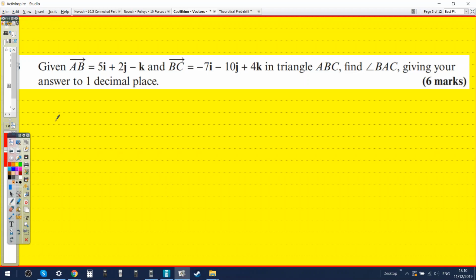Oops. Do you want to find the magnitude of each vector? Yes. So would it be the square root of 5 squared plus 2 squared minus 1 squared?